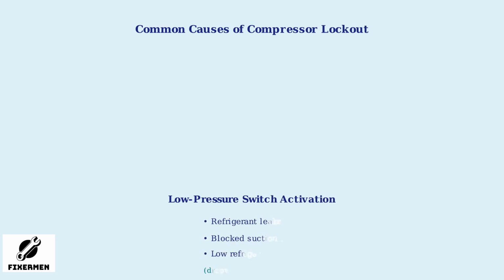Low-pressure switch activation is caused by leaks, blocked suction lines, or low refrigerant levels, dropping below 20 psi. Electrical or mechanical faults, such as wiring issues, faulty capacitors, or a seized compressor, can also lead to lockout. Identifying the root cause is essential for a lasting fix.